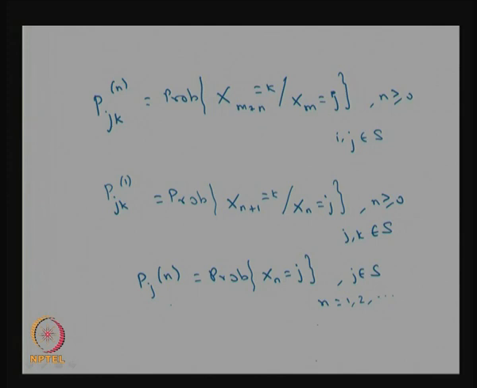That means, we know the initial probability vector of X_0. So, our interest is to find the distribution of X_n for n equal to 1, 2, 3 and so on.